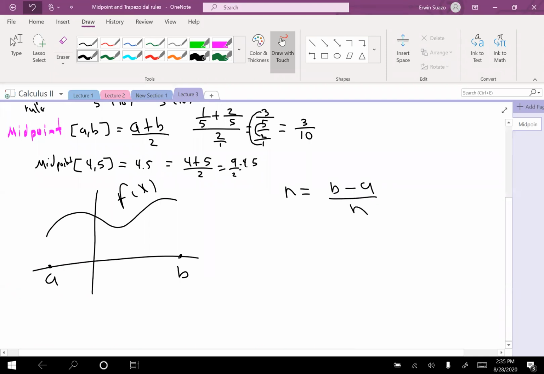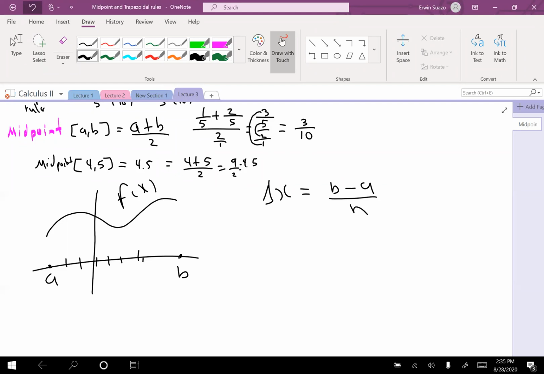This is my delta x. So what does it mean? It means I'm gonna have n intervals, okay? 1, 2, 3, 4, 5, until n.